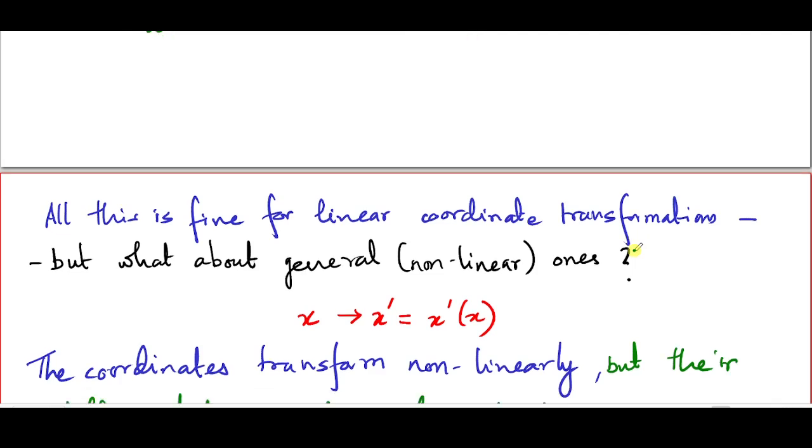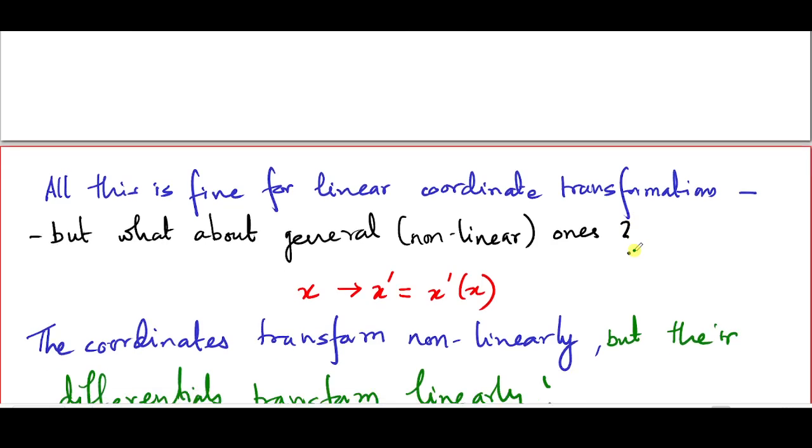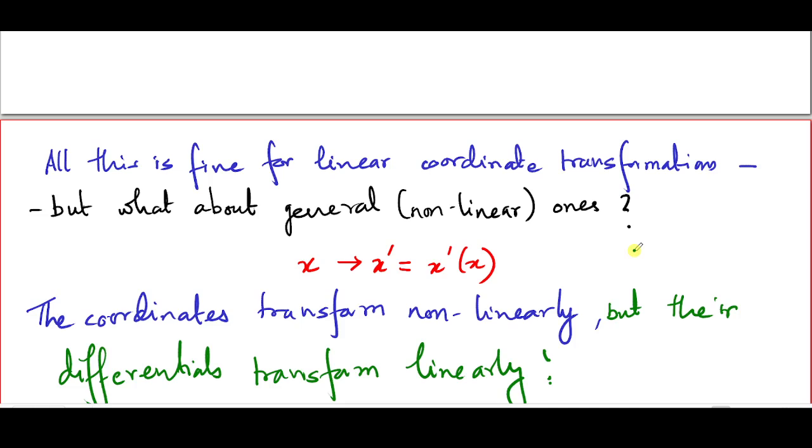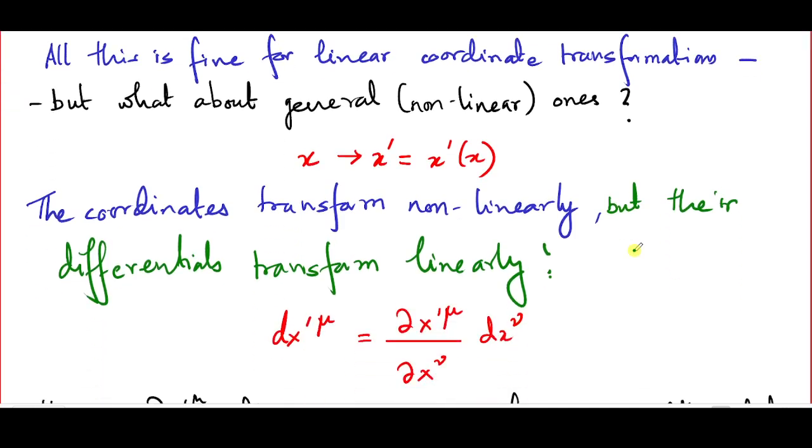However, despite the fact that the coordinates do not transform linearly, their differentials, infinitesimal changes, do transform linearly. If you look at dx prime mu, how the muth component changes, you can easily rewrite that in this form, del x prime mu del x nu dx nu. Here I have switched over to Greek indices.